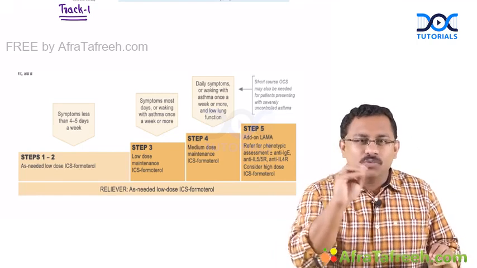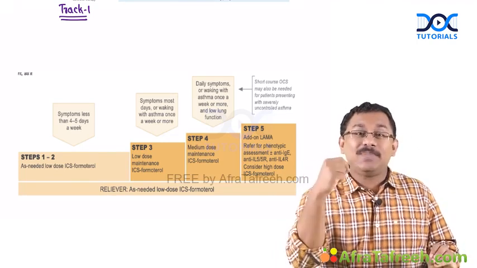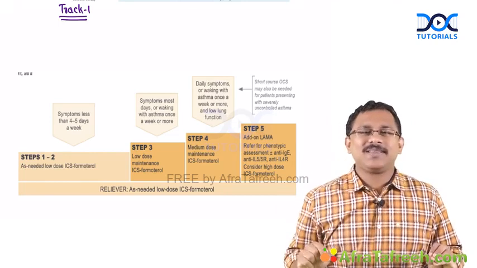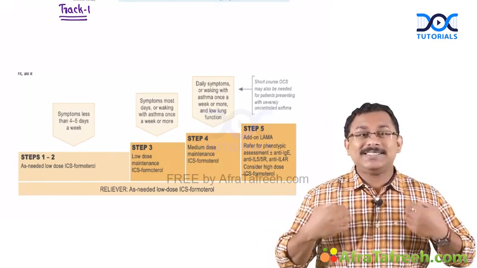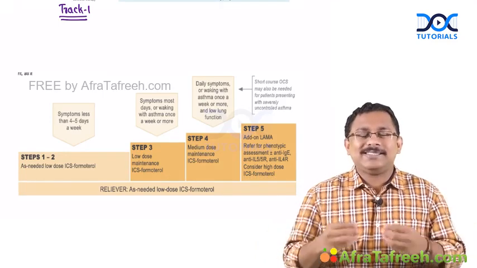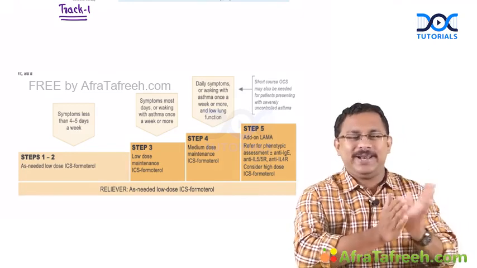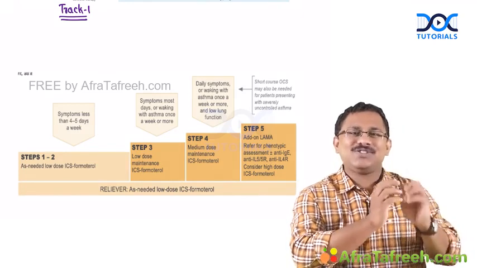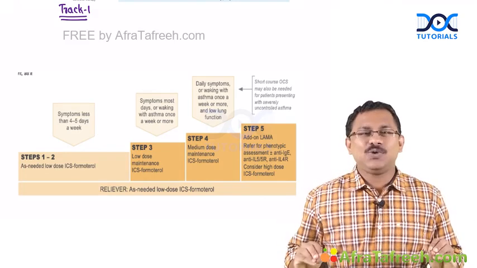This is the same word that is being used in the JINA guidelines as well, personalized management, because each patient is different and one size shirt does not fit all. That is the same theory here. It has got to be individualized. The treatment has got to be individualized.